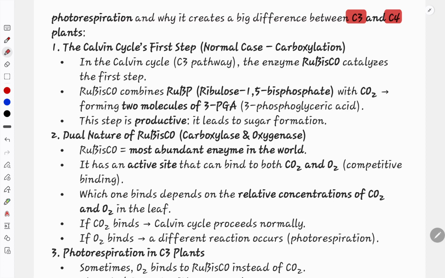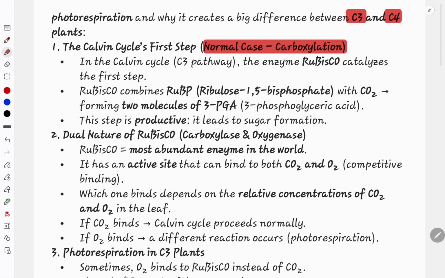The first step of photosynthesis, or you can say the Calvin cycle, in normal cases, is when carboxylation occurs. In the C3 pathway, the enzyme Rubisco catalyzes the first step.